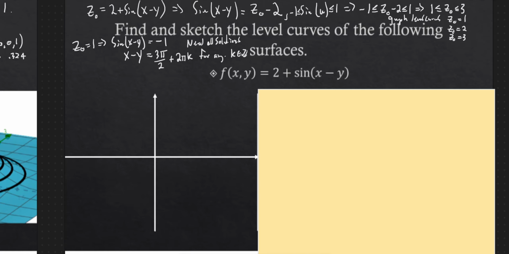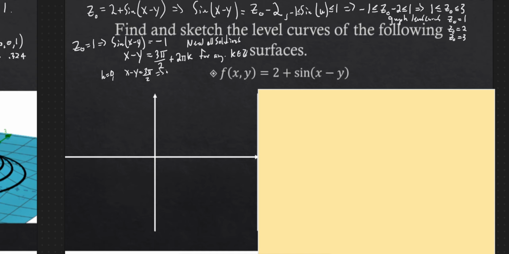I don't know if you know the symbol for integers. It's this bold-faced Z. So here k is an integer, and we have x minus y equal to this. So let me just pick a few k. Let's start with k equals 0. I get x minus y equal 3 pi over 2 plus 0.